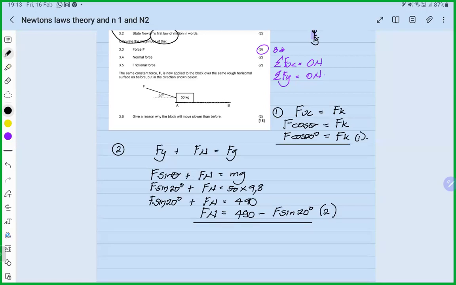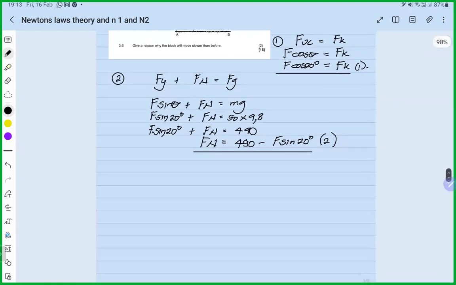Right, let me show you what you need to do. There's an equation that relates your kinetic frictional force to your normal force. That's a third equation that you're going to use.